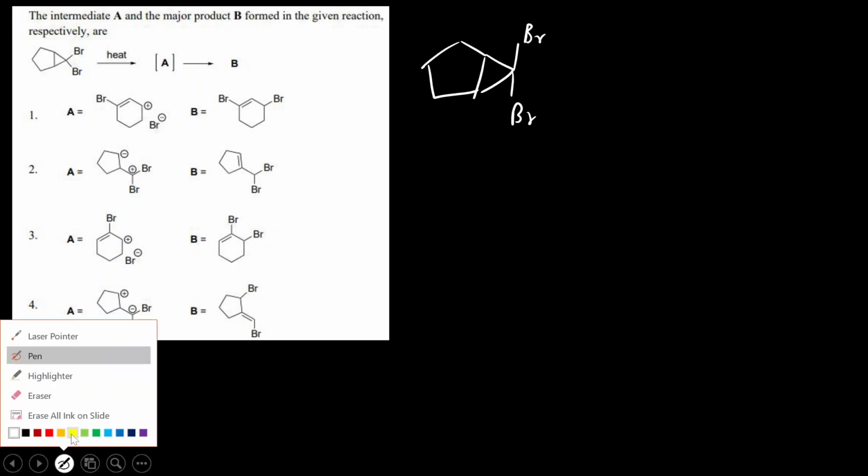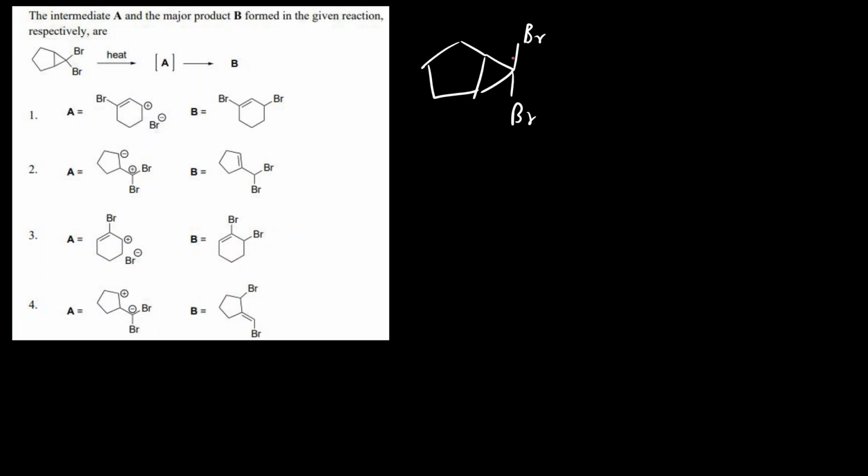Now this question, heat is given. Let us first draw the reactant that is given. A 5-membered ring, then there is a 3-membered ring, and 2 Br are attached. How will this take place? The first step is Br minus will go away as a leaving group. What we will get is a carbocation.